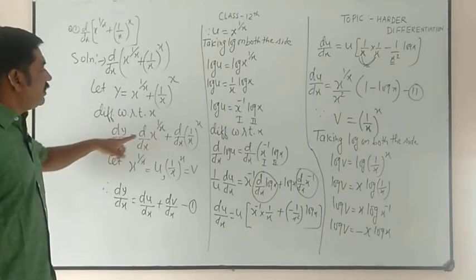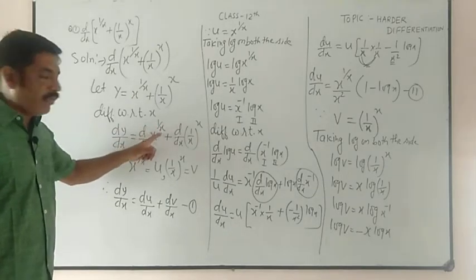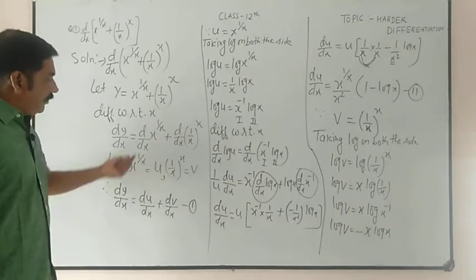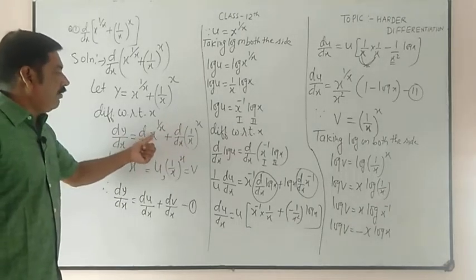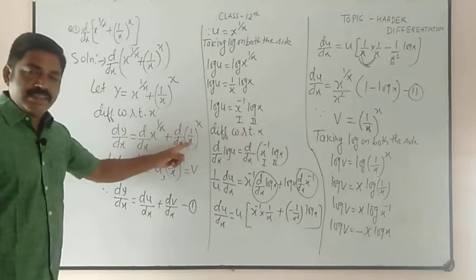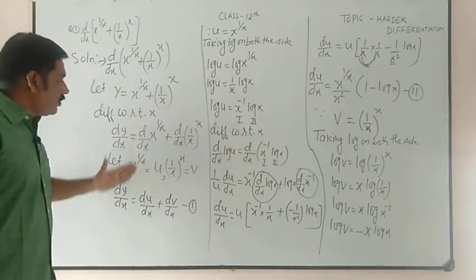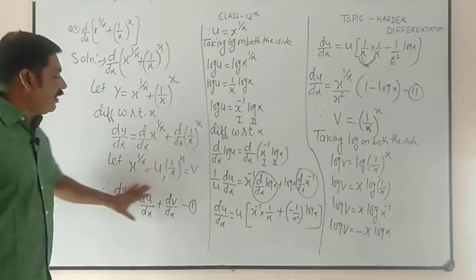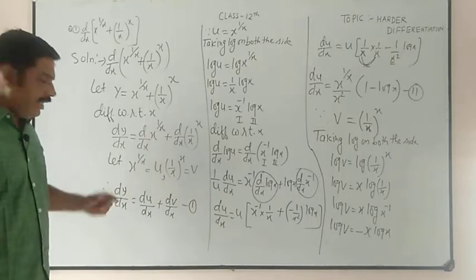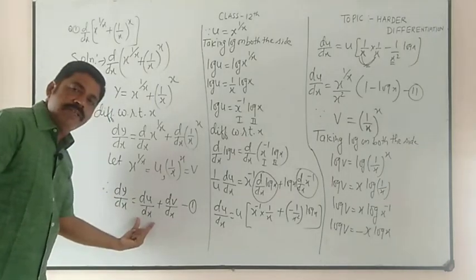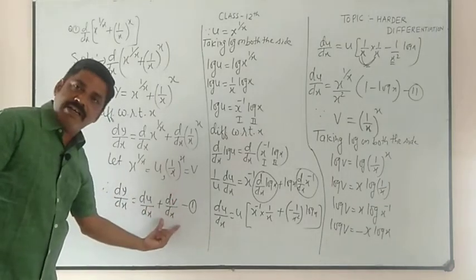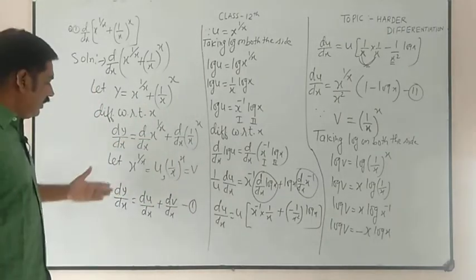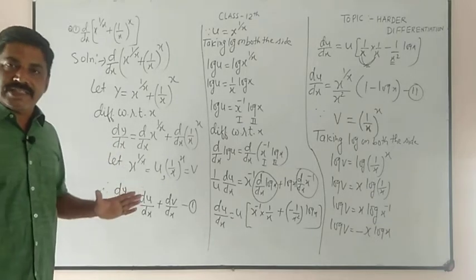So dy by dx is equal to d by dx of x raised to 1 upon x plus d by dx of 1 upon x raised to x. Now we don't know the differentiation of x raised to 1 upon x as well as 1 upon x raised to x, so taking this function as u and this function as v, we got equation number 1. Now our target is to find the values of du upon dx and dv upon dx and put them in equation number 1 to get dy by dx. Clear?